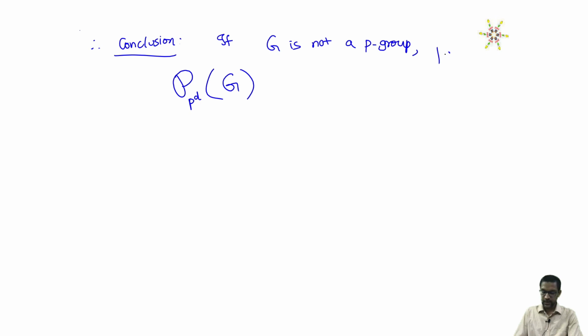Let's say the cardinality of G looks like p power d times m, where p doesn't divide m. Then what we have shown is that the action of G on this set has no fixed points.